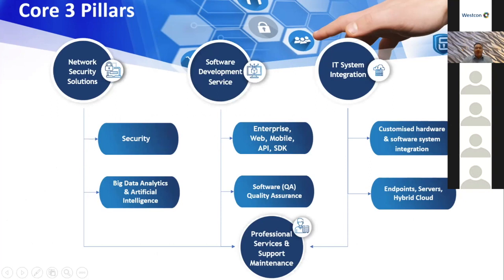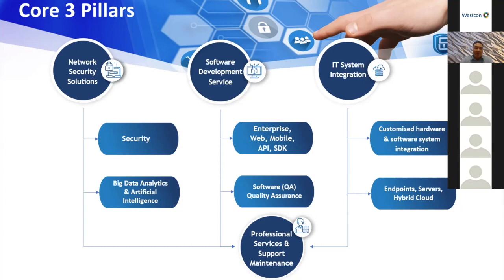In Secure365, basically we have three core pillars. The first pillar, on the far left, is called the network security solutions. Under network security solutions, we have the security sub-pillar, and what we have is basically your network firewalls, traditional firewalls. These network firewalls can be on-prem or on cloud as well.